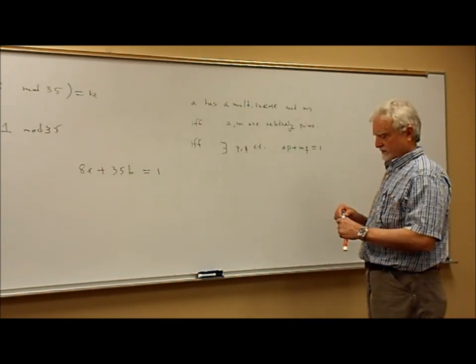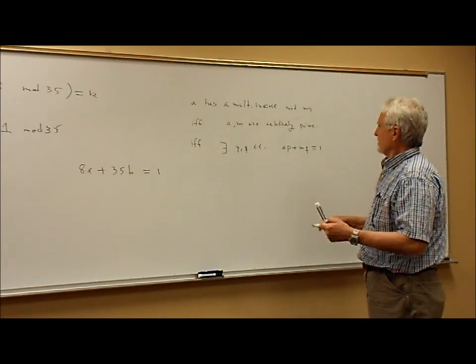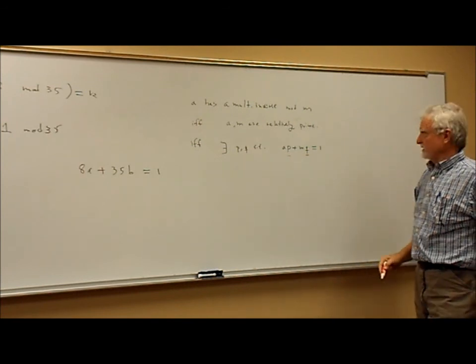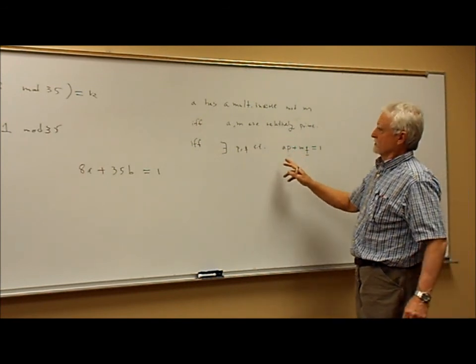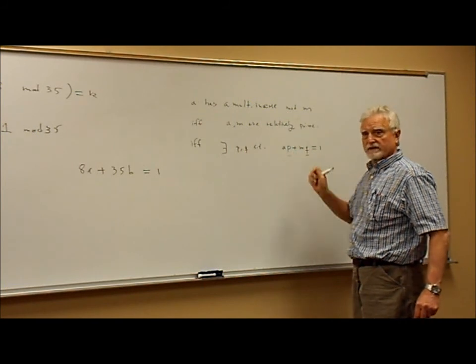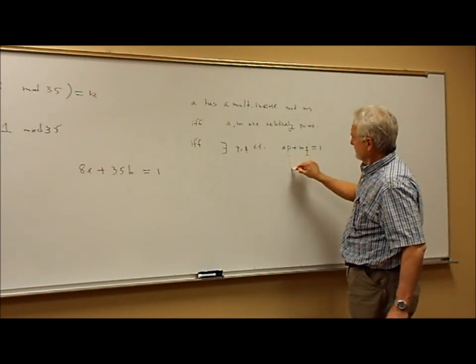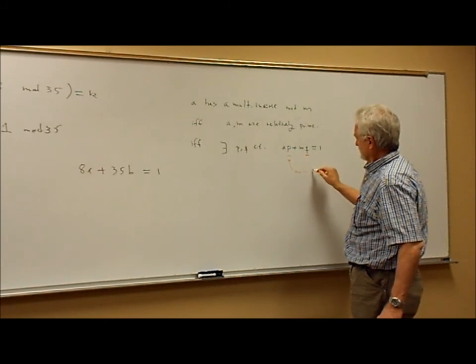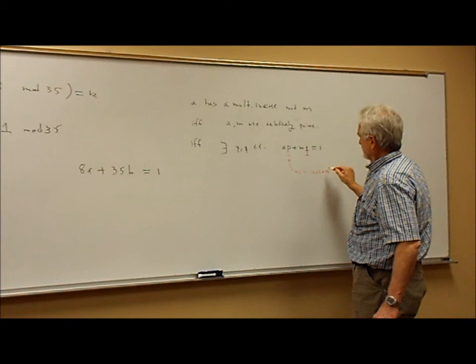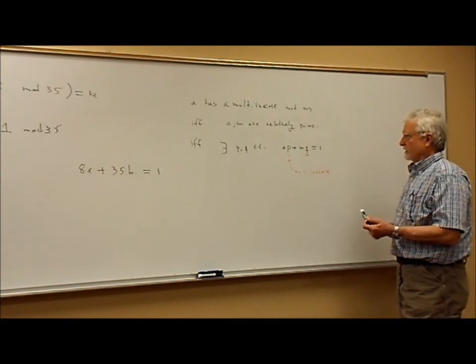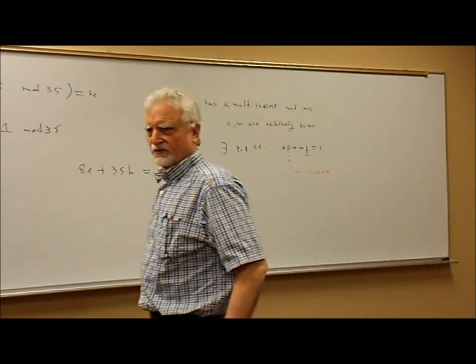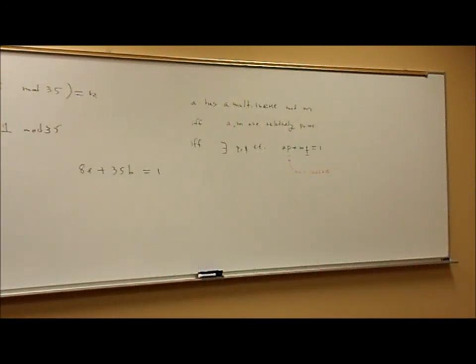And so the multiplicative inverse is determined by these P and Q. The multiplicative inverse of A is really going to be P. And the Q is just the number of multiples of M that it takes to drag the whole sum back to being in the range 0 to M minus 1.